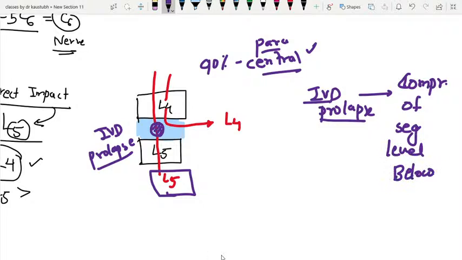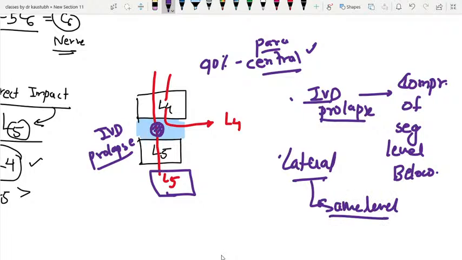What does this mean? Whatever segment you are taking, a nerve below that segment will be injured, whereas if it is a lateral compression, the same level will be involved. That is what I have taught from this basic concept.